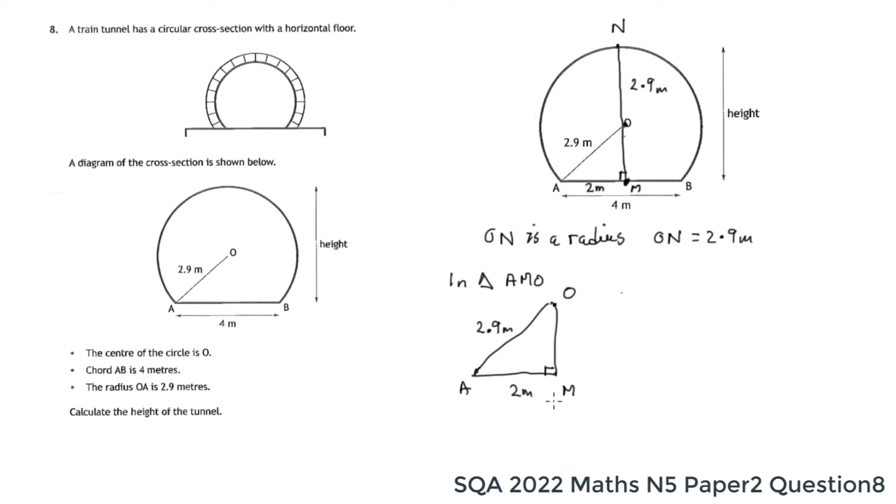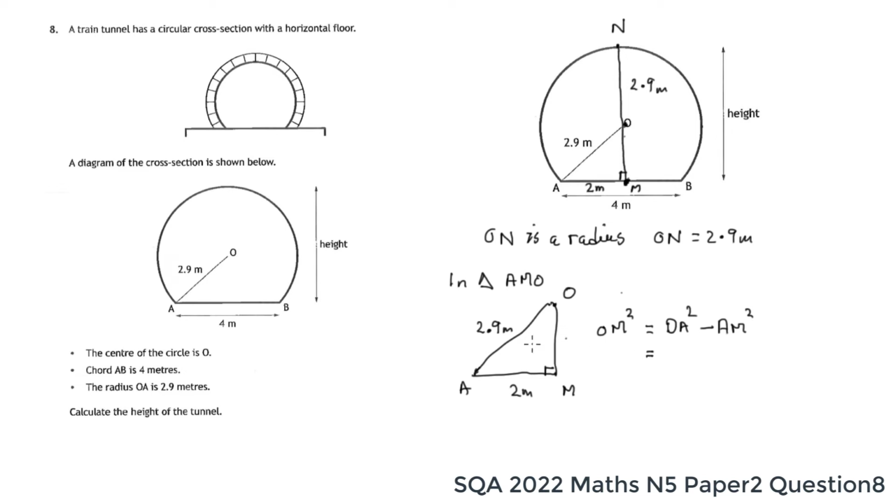So in this triangle, we're looking at Pythagoras' theorem. Now, it's not the hypotenuse that we're going to be finding, it's one of the smaller sides. So to find OM squared, we'll take the square of the hypotenuse, that's OA, and subtract the square of the other smaller side. So it's not an addition, it's a subtraction because we're finding one of the smaller sides.